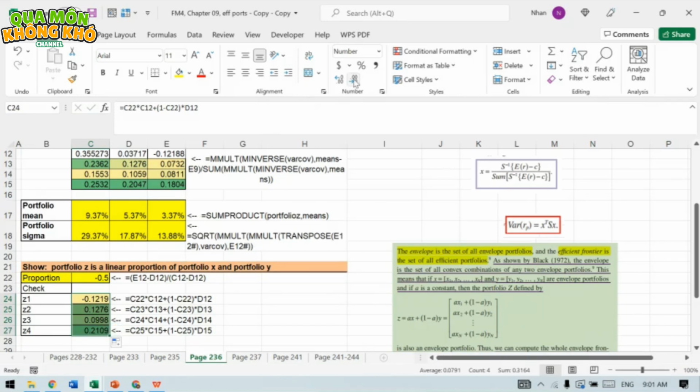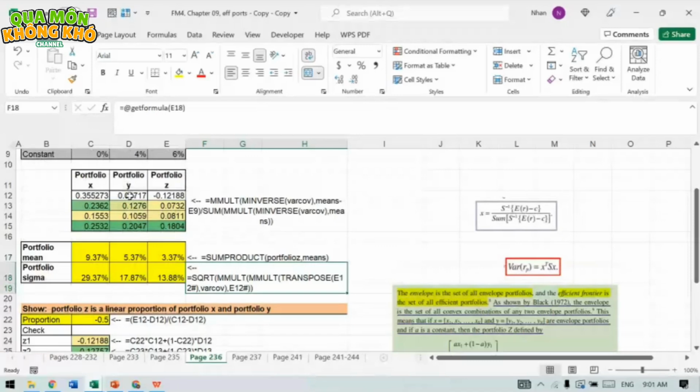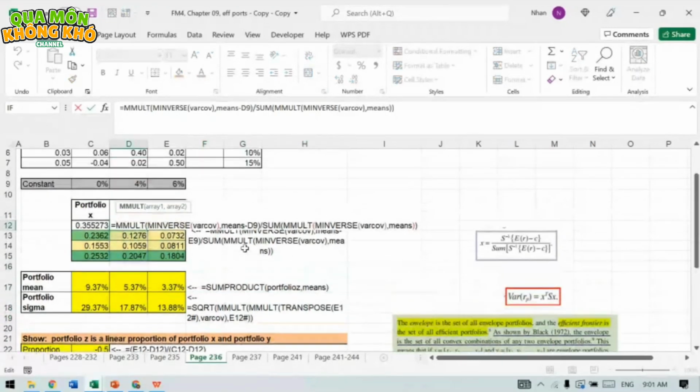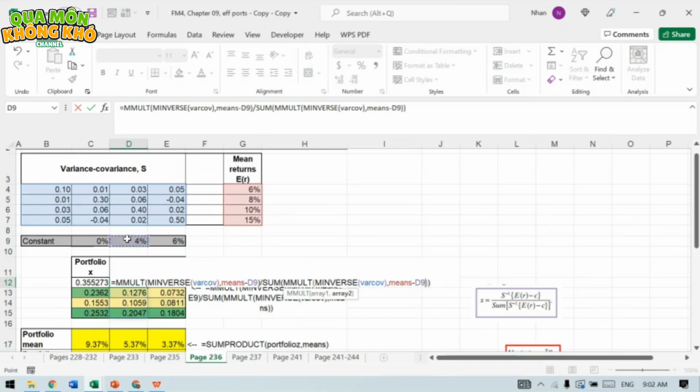Oh, it's not similar. I think something is wrong here. Let's see. Inverse, mean. It's my bad.